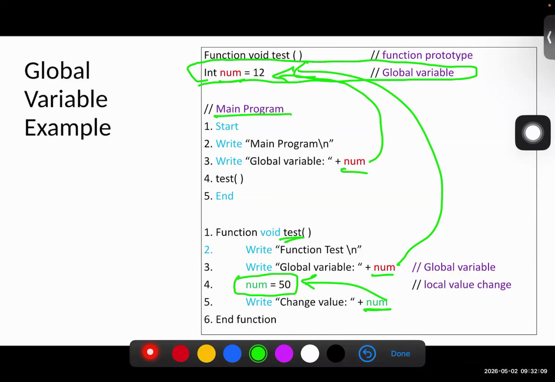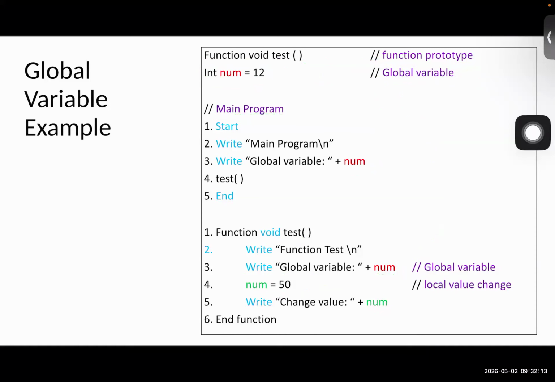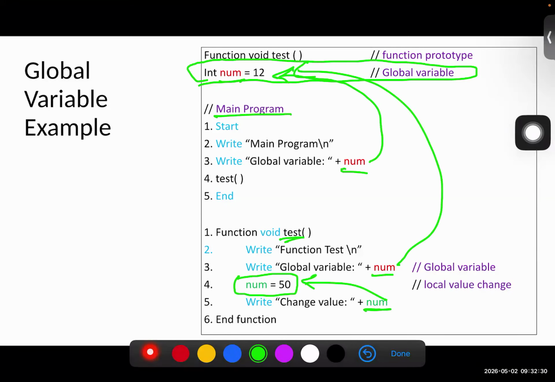Sir, please, I have a question. With the example on the screen, the first num has a global scope, and then the one in the test function has a local scope, right?